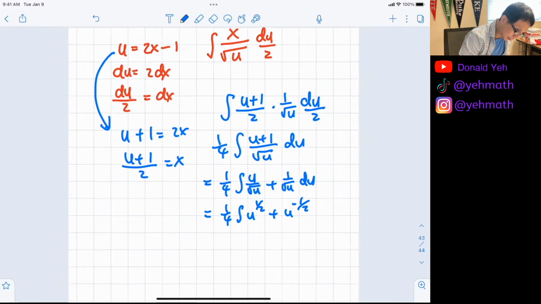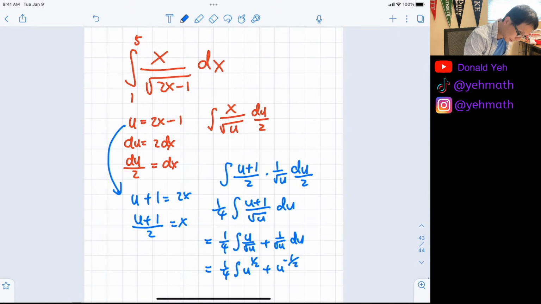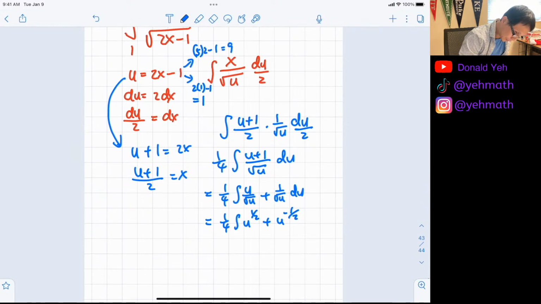And the boundary, I'm gonna change the boundary as well. So the boundary is gonna go with 5 times 2 minus 1. That's 9. And plugging in 1, it's gonna be 2 times 1 minus 1 equal to 1. So it's 1 to 9.